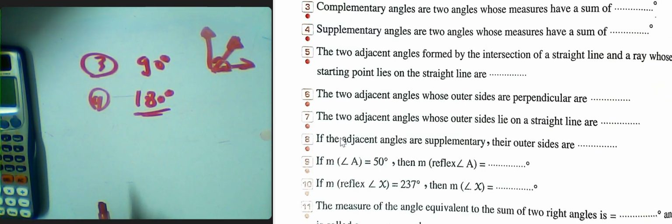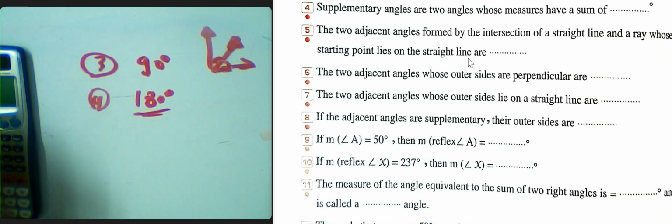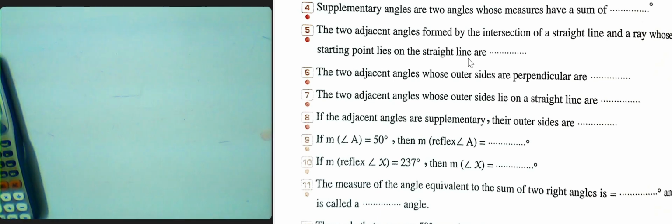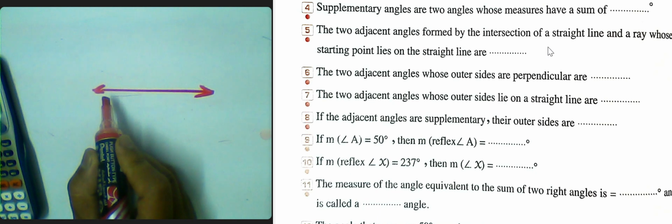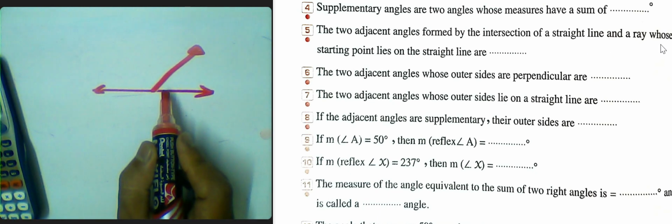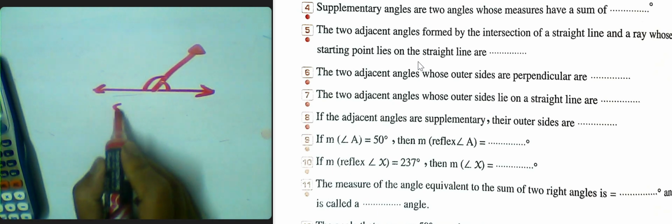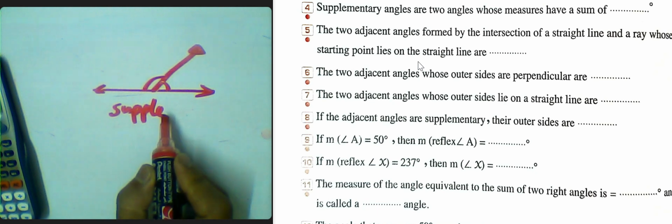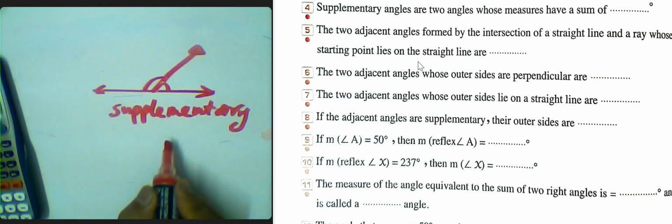Question number 5: the two adjacent angles formed by the intersection of a straight line and a ray whose starting point lies on the straight line are what?